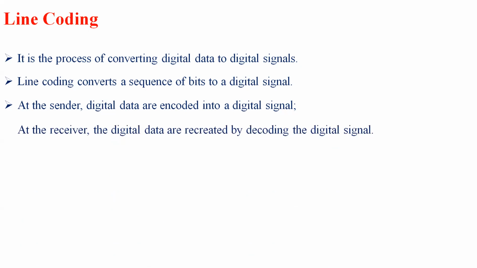On the receiver side, the digital data is recreated. Whatever encoded data is sent to the receiver, at the receiver side all the digital data is recreated by using a technique called decoding.